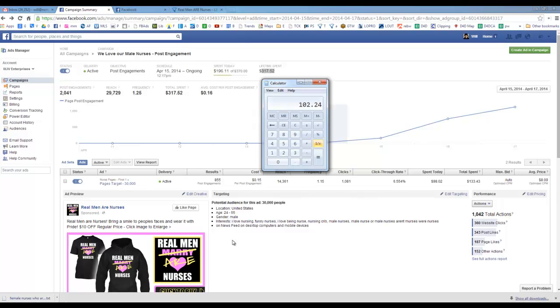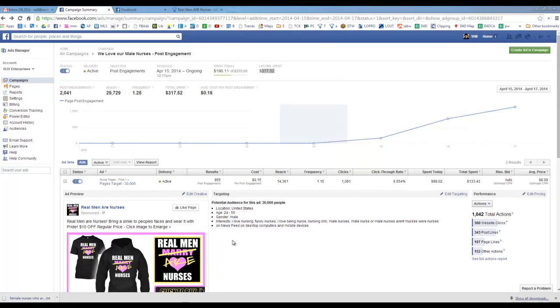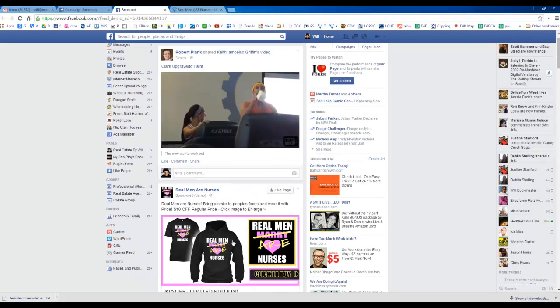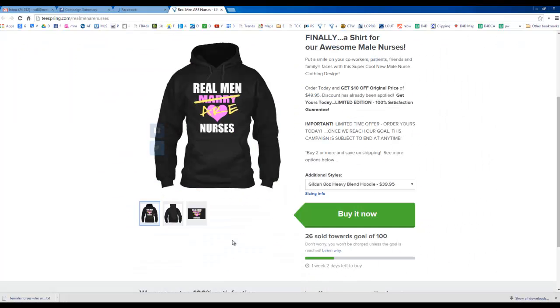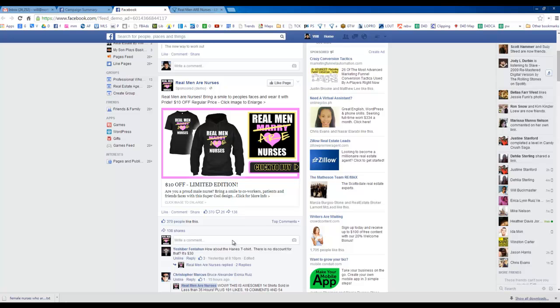So I'm going to put my thinking cap on tonight. I am definitely not going to work on this campaign anymore. However, what I am going to do is bring our ad spend down from the $100 per day down to, let's say, because keep in mind, this campaign, we still got a week and 2 days, so we still got 9 days to go in this campaign.